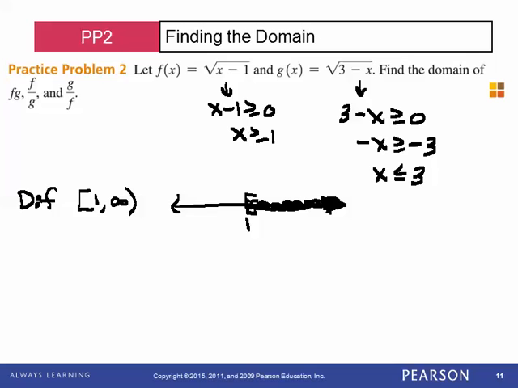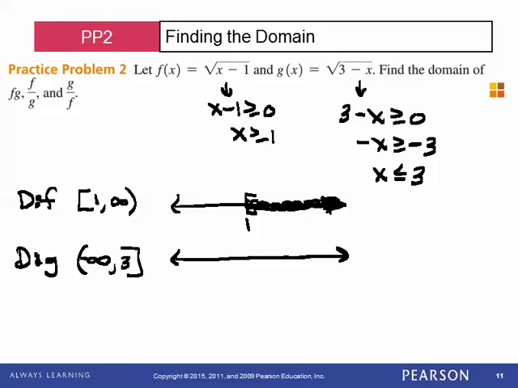Alright, and then let's see, the domain of g is x less than or equal to 3, so that means all the way from negative infinity all the way up to positive 3 with a bracket this time. So that means the graph is 3 is sort of on the right hand side of 1, so 3 kind of goes over here. It's a bracket and it goes down this way.